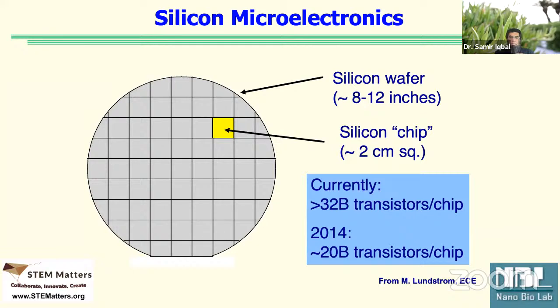At the end, we cut it and we get the small things out of it. And when we get that small thing, that is then the die. Now commercially, we have 32 billion transistors on one chip.